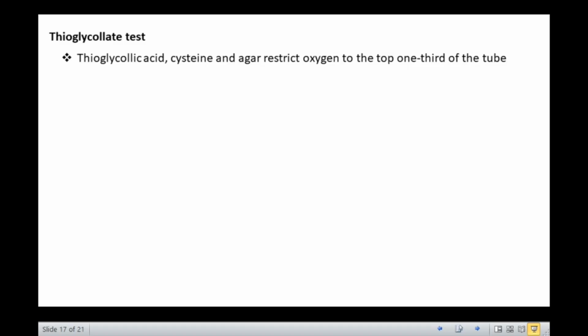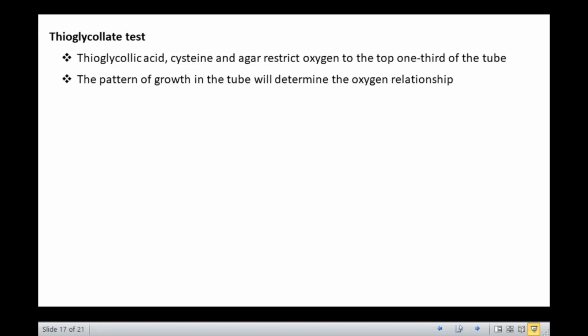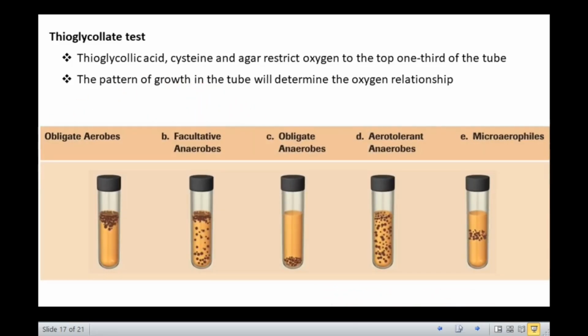After inoculation and incubation, the pattern of growth in the test tube will determine the oxygen relationship. As shown in this figure, obligate aerobes will grow only at the top of the tube where high concentrations of oxygen are present.